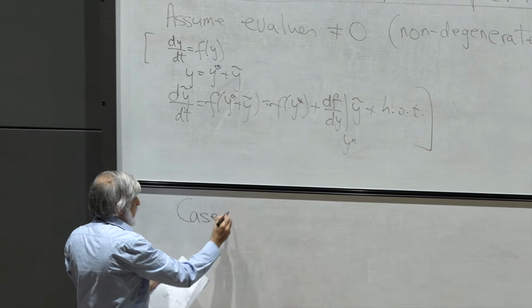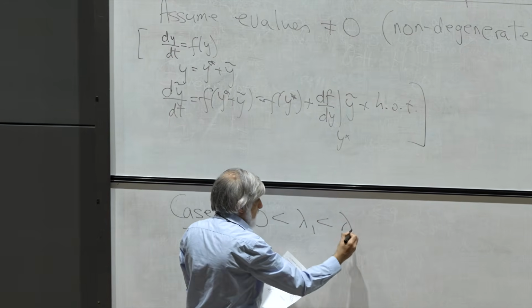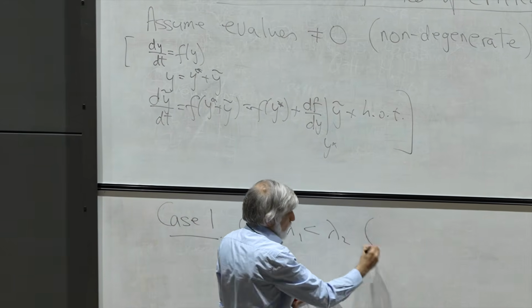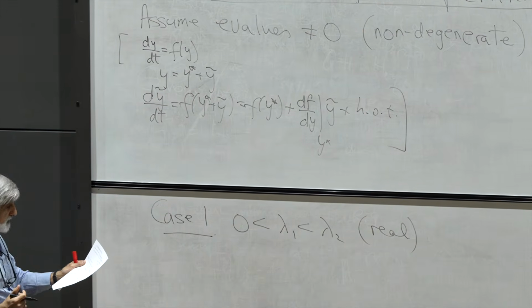So case 1, 0 less than lambda 1 less than lambda 2. And of course, they're obviously real if they satisfy an inequality.